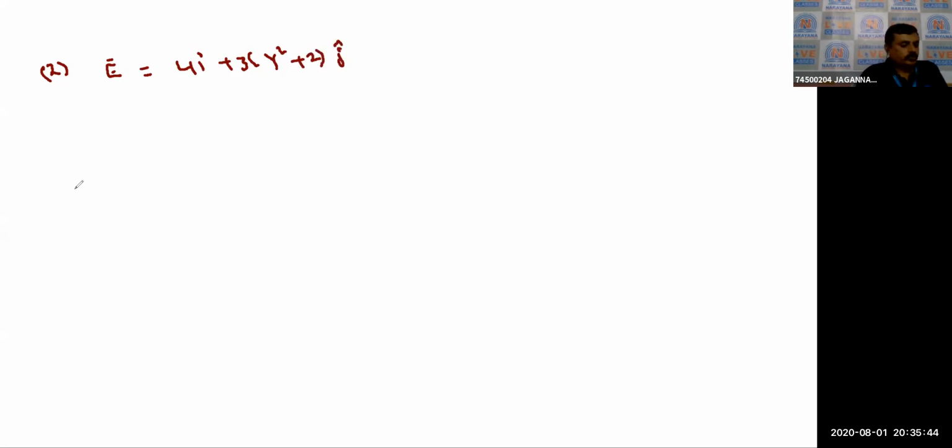This is a Gaussian cube of side 1 meter. So the side length is a equal to 1 meter.